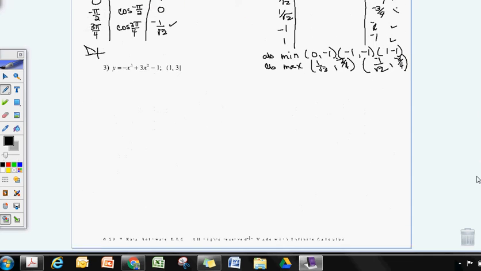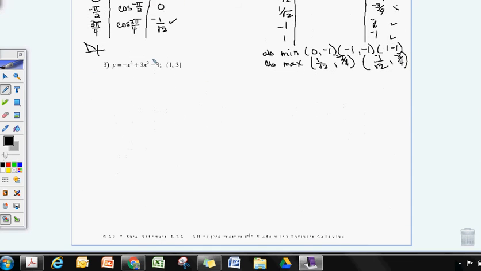Okay, so last one of these. This one has a little trick, and I'm going to circle it right here, that 1 can't be used. No 1. Okay, so first thing I've got to do, I've got to find my derivative. So I end up with negative 3x squared plus 6x.